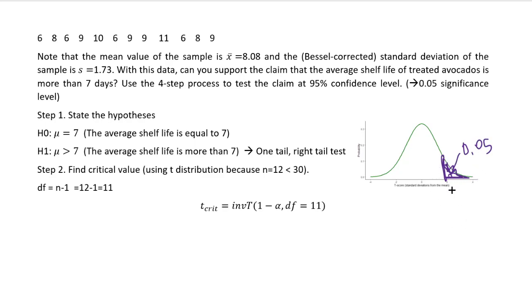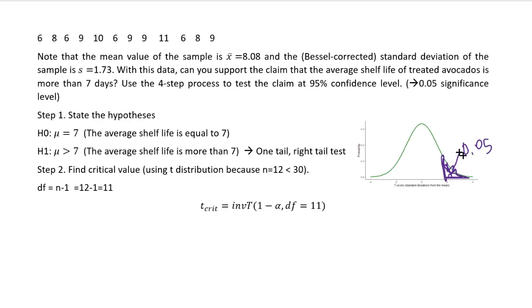And for that to work, you have to use the inverse t. Always finding critical values, you need to use an inverse t or inverse norm or inverse something. And for this inverse t, there are two ways. One is you can just plug in the alpha itself as 0.05, but then it's going to give you the negative value.